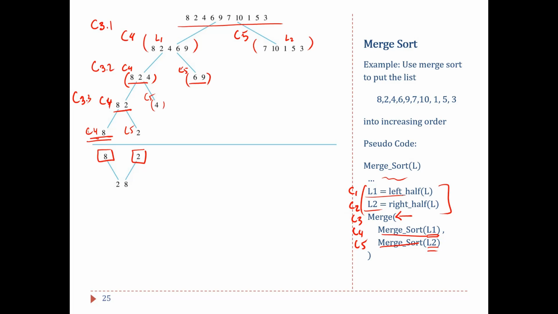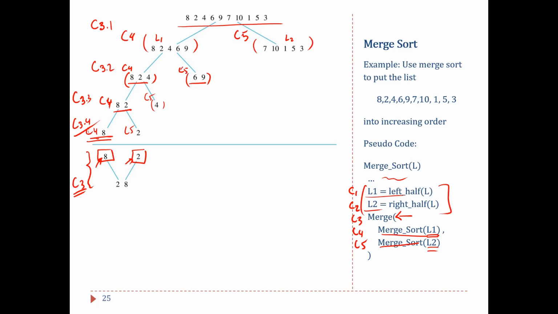So don't forget that we had a C3 number 4 to be executed on this line, and this is what we are doing here. We're executing the line of code number 3, the merge process. So the merge process of 8 and 2 would check the first value in each array.